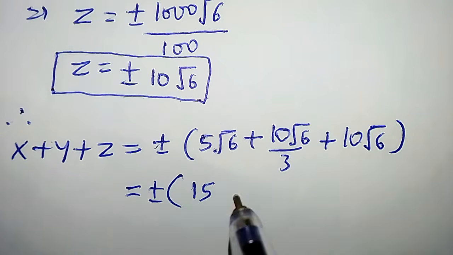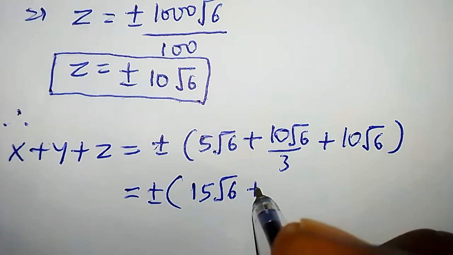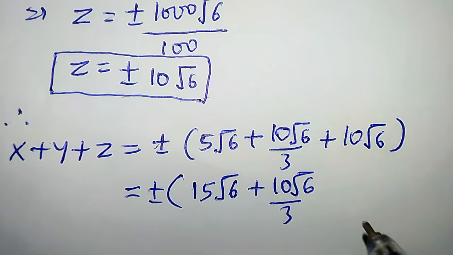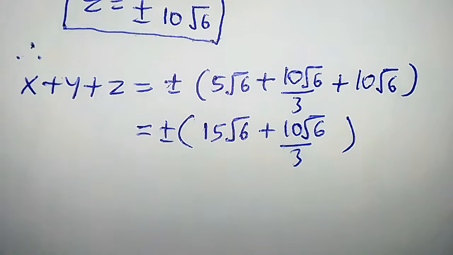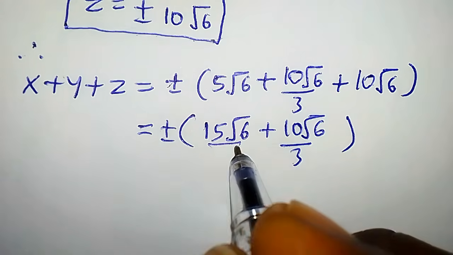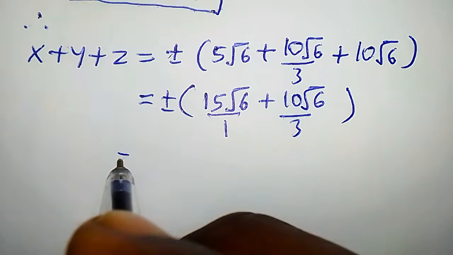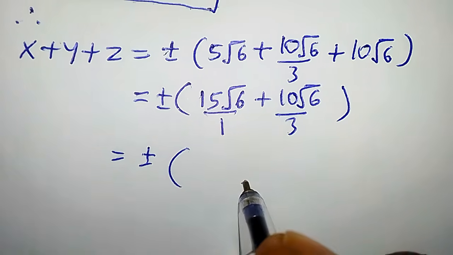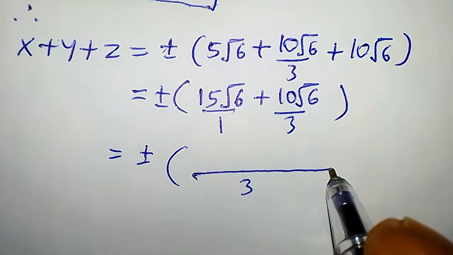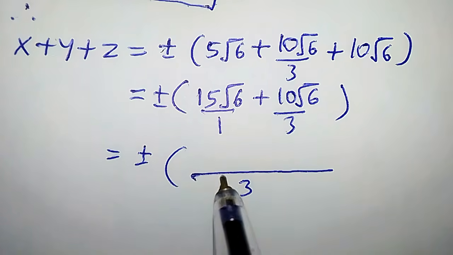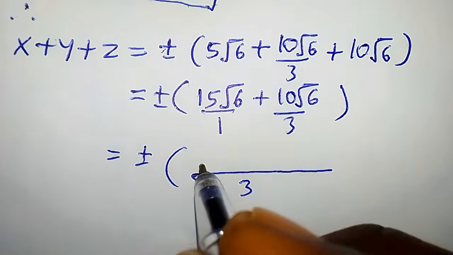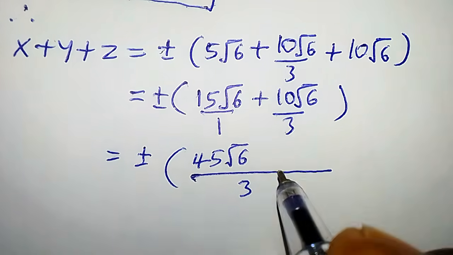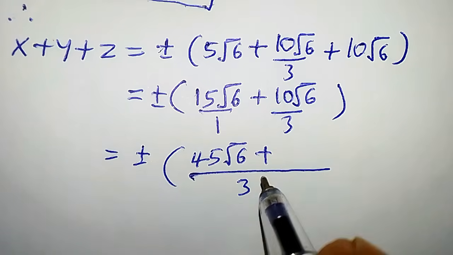That is 15 root 6 plus 10 root 6 divided by 3. You will see that we can take the LCM here. This equals plus or minus. The LCM is 3. We have 3 over 3 divided by 1. That is 3. 3 times 15, we have 45 times square root of 6 plus 3 divided by 3.